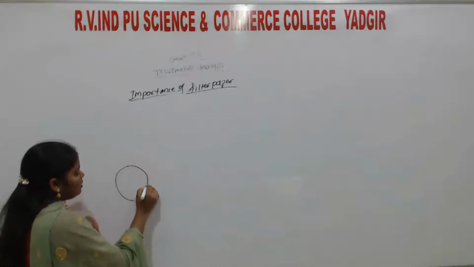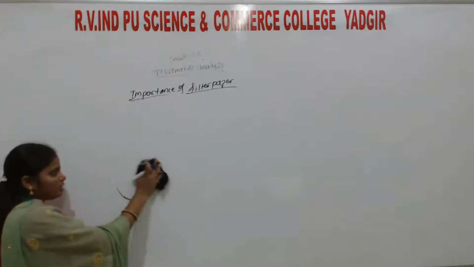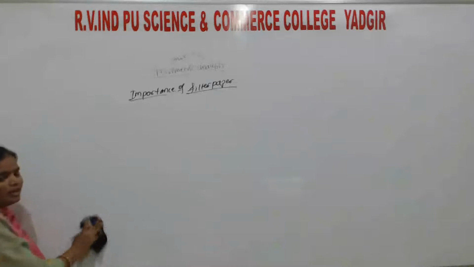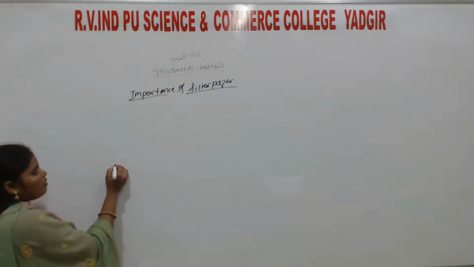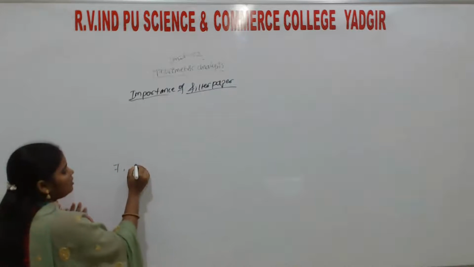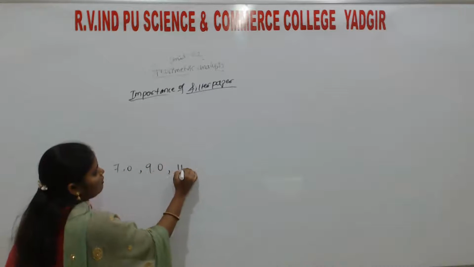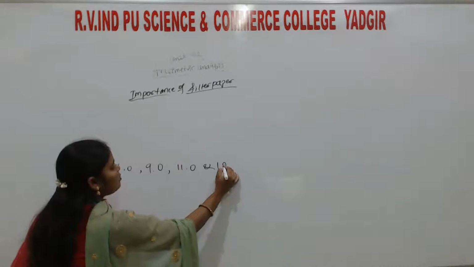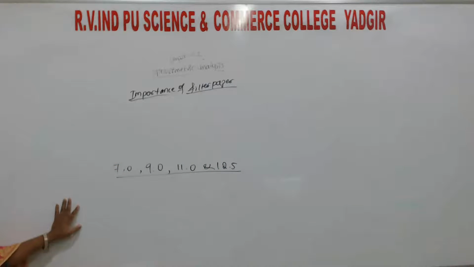The diameters are 7 centimeter, 9 centimeter, 11 centimeter, and 12.5 centimeter. These 7.0, 9.0, 11.0, and 12.5 centimeter filter papers are commonly used in gravimetric analysis.